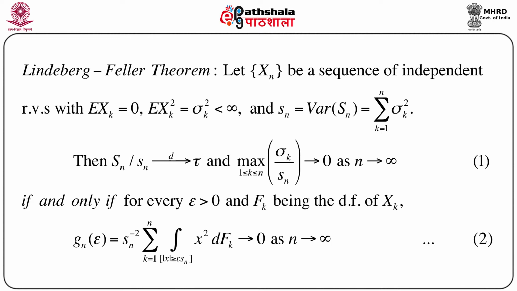That means we are defining a function that depends on epsilon and on the distribution function of each of the random variables. This function goes to 0 as n goes to infinity, and this is a necessary and sufficient condition for the existence of this CLT, or this type of convergence of Sn by small sn.